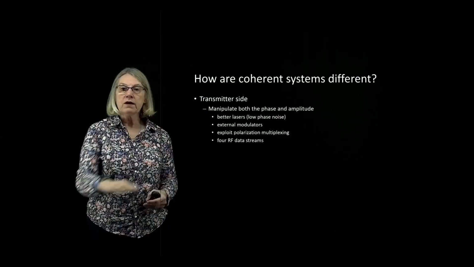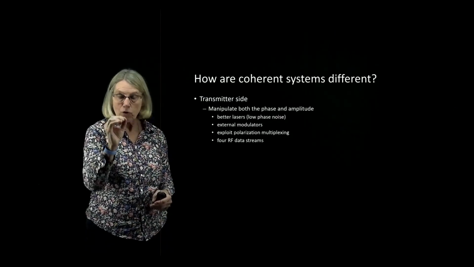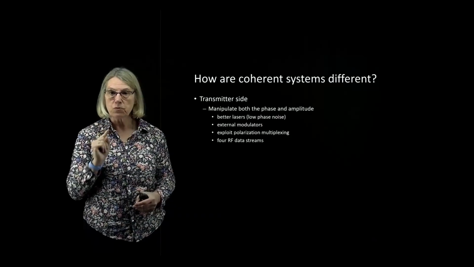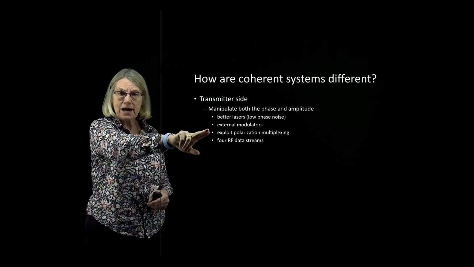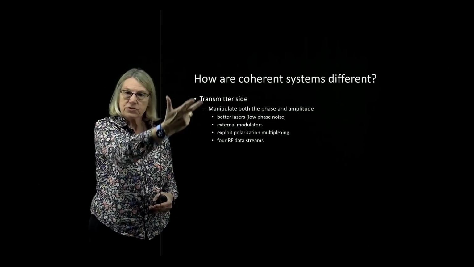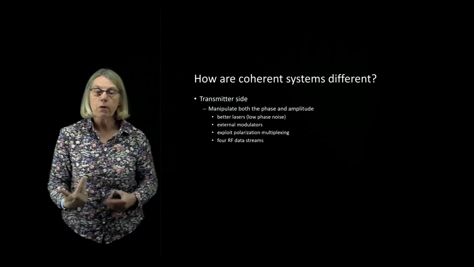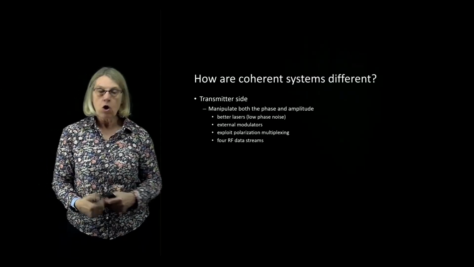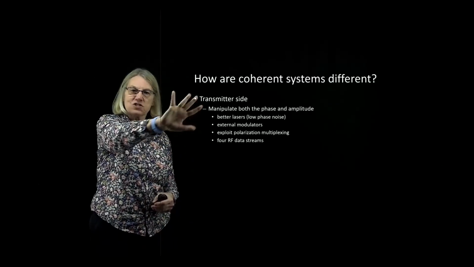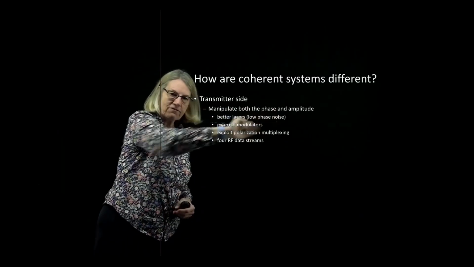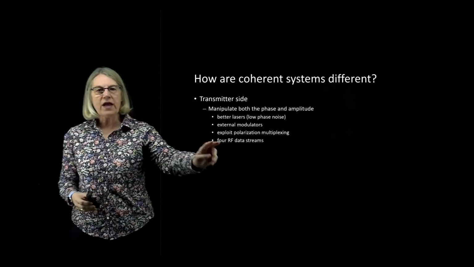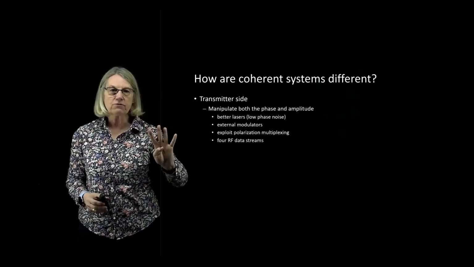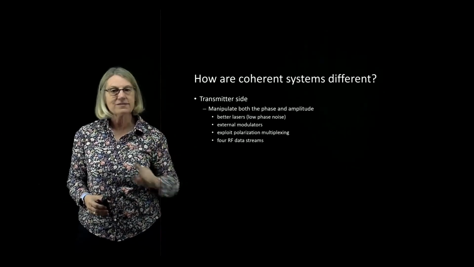I want to exploit polarization. So I have to come up with some components on the transmitter side that allow me to do polarization multiplexing. All this together, this strategy, amplitude and phase, means that I'm going to have to manage 4 radio frequency data streams instead of 1.